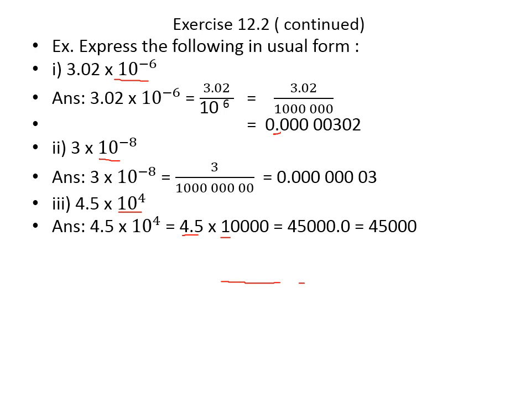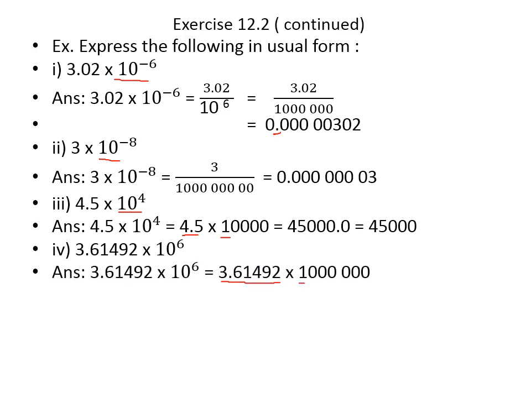So we put the decimal point after one digit. Here after the decimal point there is 0, it means the number will remain the same. This can be written as 45000.